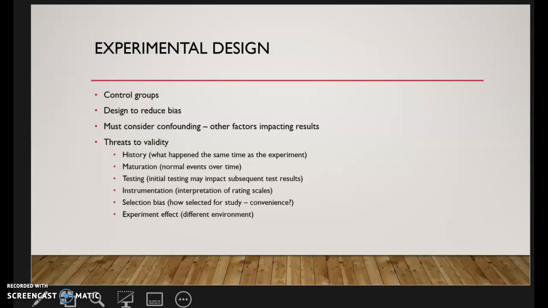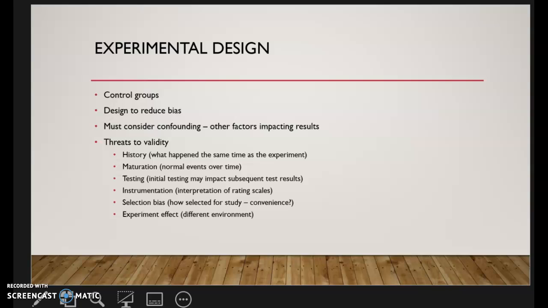So we have to make sure that the experiment is as valid as possible, but there are factors that always must be considered. Things like history, what happened at the same time as the experiment may have impacted the experiment.